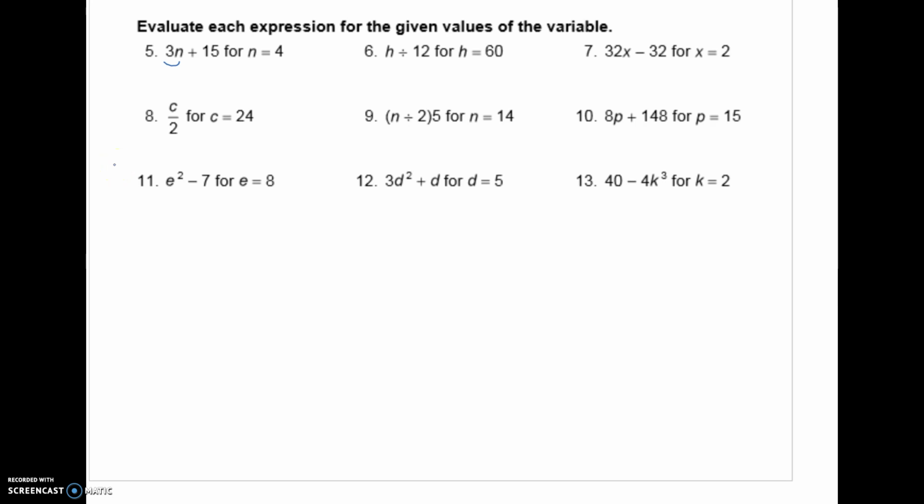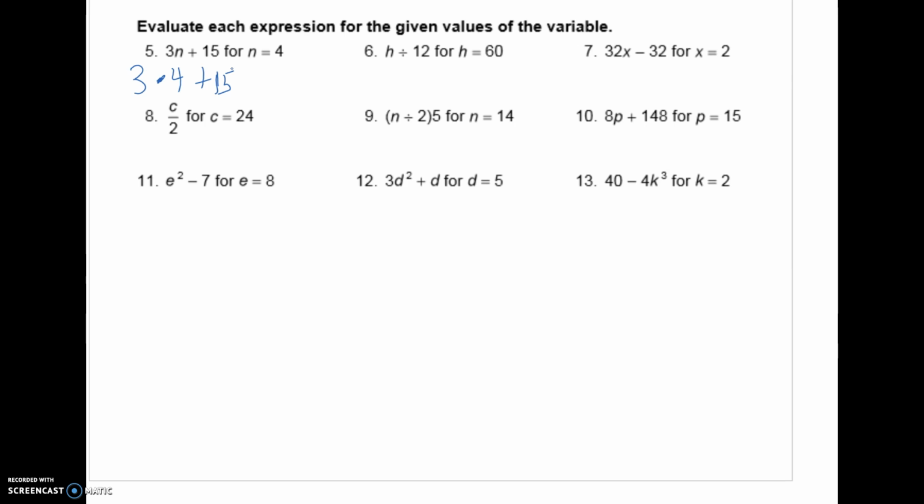So you can imagine this is the same thing as 3 times n. Okay? It means the same exact thing. 3 times n plus 15. Okay? If we plug in our 4, 3 times 4, because that's what n equals, plus 15. Remember we talked about order of operations earlier in this unit.